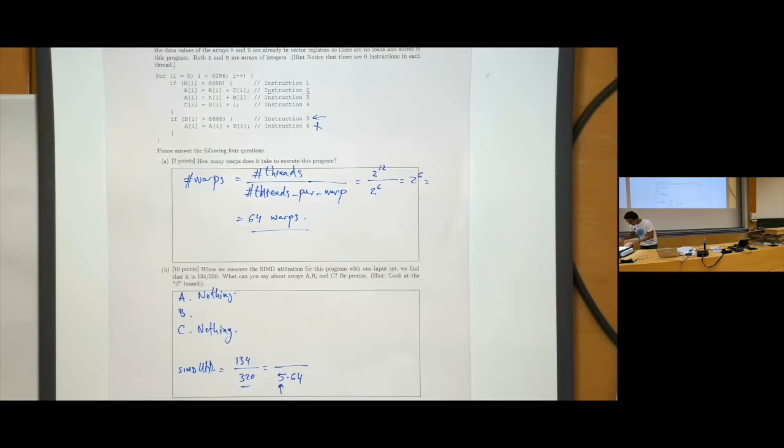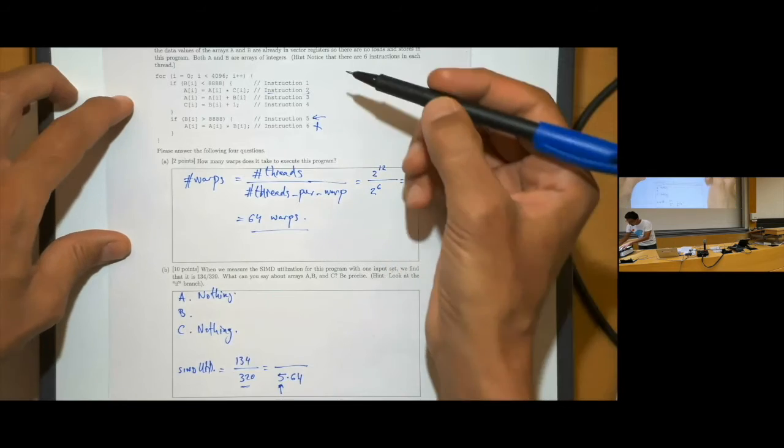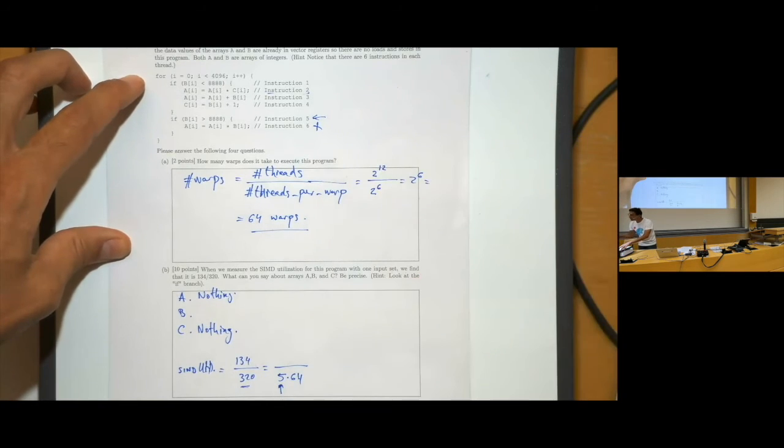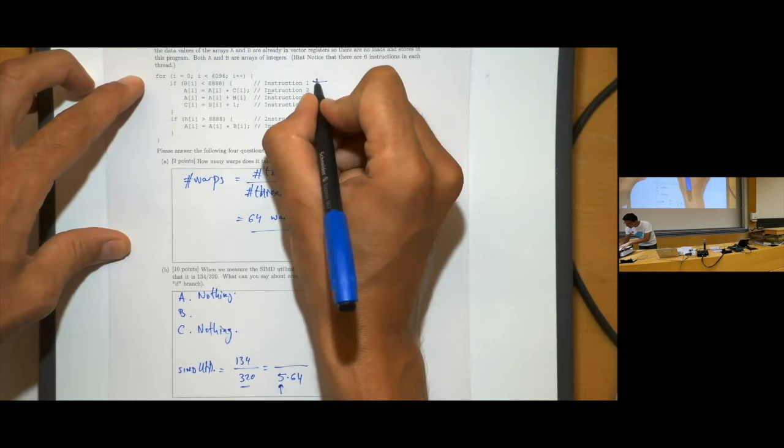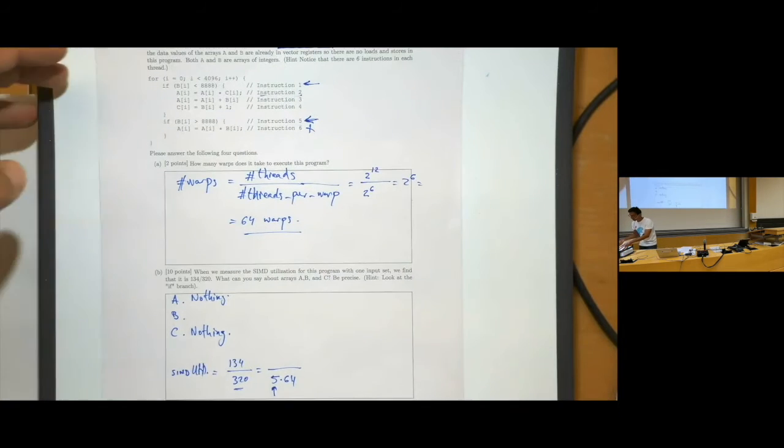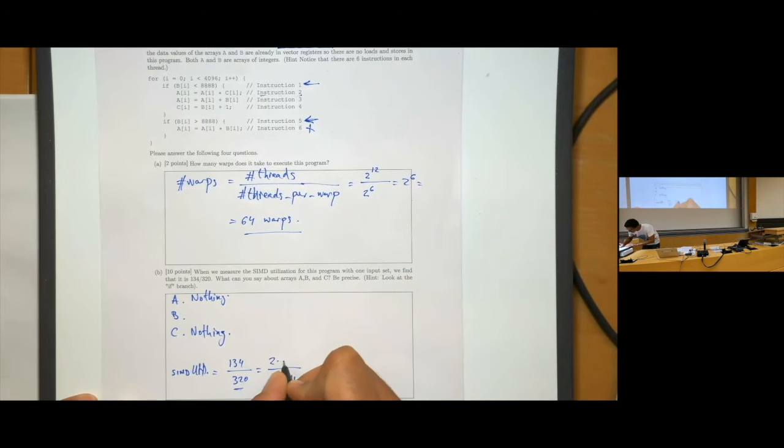Okay. Now I can also see that all 64 threads of the warp execute this one and this one, because before deciding if you go to the body of the if statement or not, you have to evaluate the condition. So everyone does that. This means that 2 instructions are executed by the 64 threads of the warp. And then there are 3 more instructions, 2, 3, and 4, that are only executed by some threads.